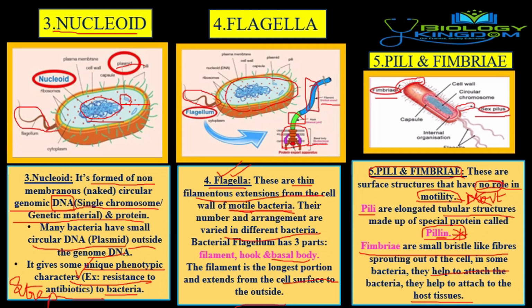If at all we observe in the case of mycorrhizae, where there is a symbiotic association, these fimbriae will help the bacteria to attach to the host tissues. So these are not associated with motility, but the fimbriae help in attachment to the host tissues.